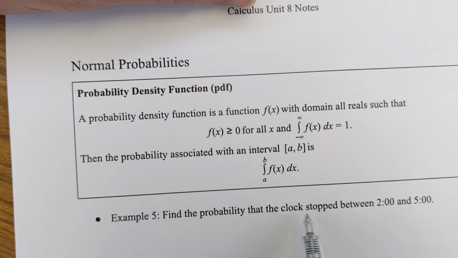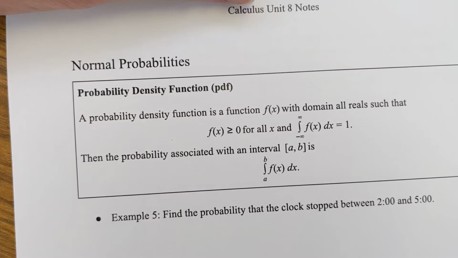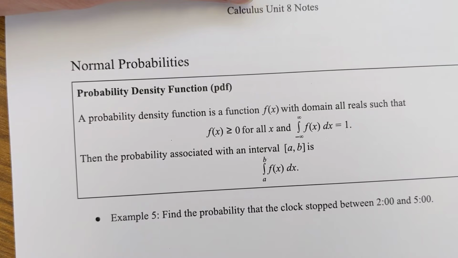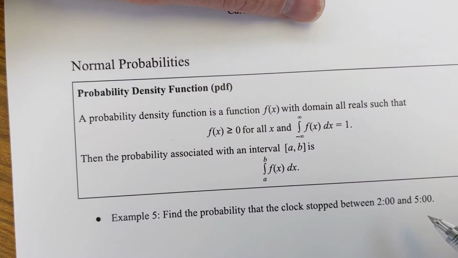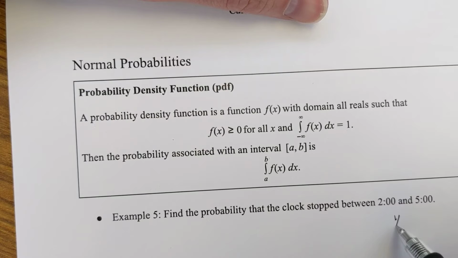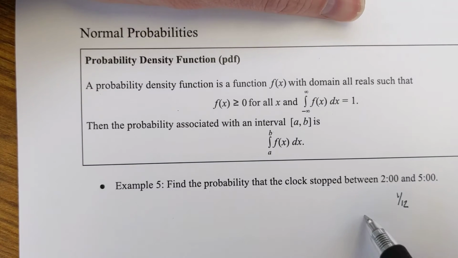So find the probability that the clock stops between 2 and 5. The probability that you're in any given hour is 1/12.